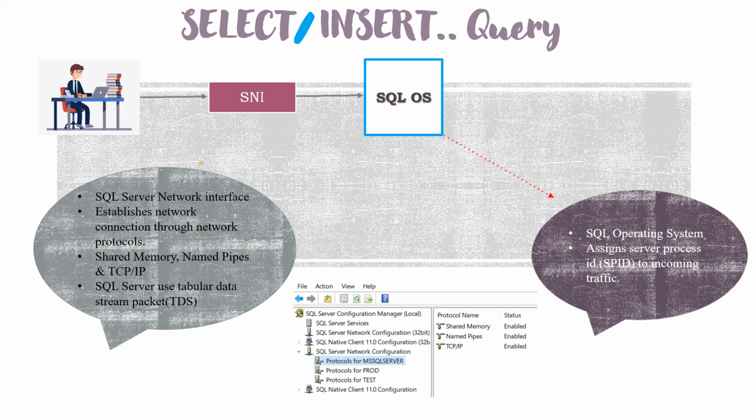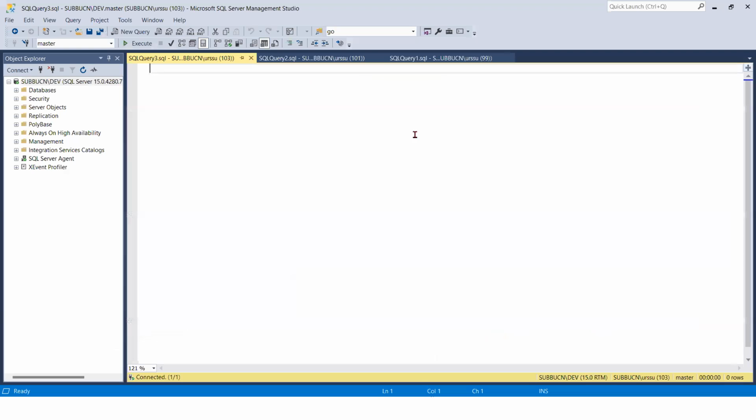That's the reason you are able to see the SPID when you open a new query window: 103, 101, 99. How are you getting this SPID? From the SQL OS engine. Here you can perform insert, you can perform update, you can perform delete.